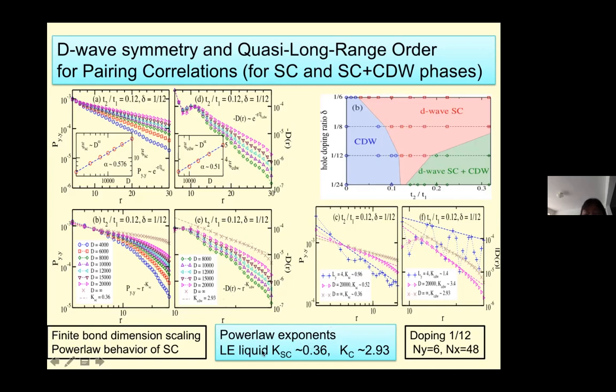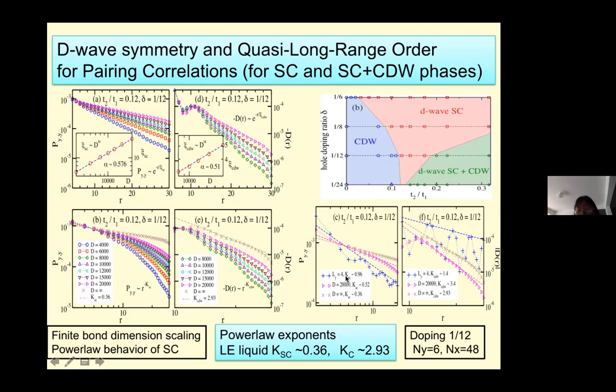For some of our points, those two exponents multiplied together have a value close to 1, with a very small K superconducting and a much larger K for the CDW. So that's K_C meaning K_CDW. It's a special example of a Luther-Emery liquid with only a superconducting instability possible.